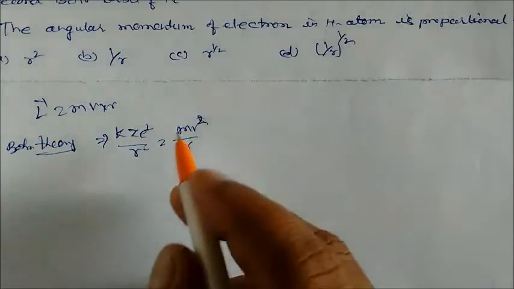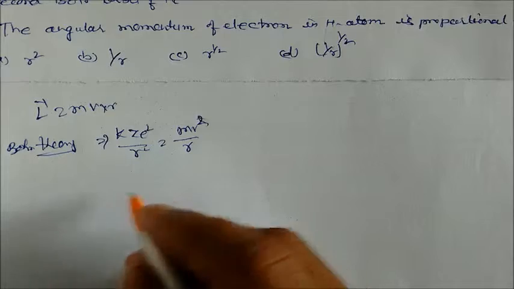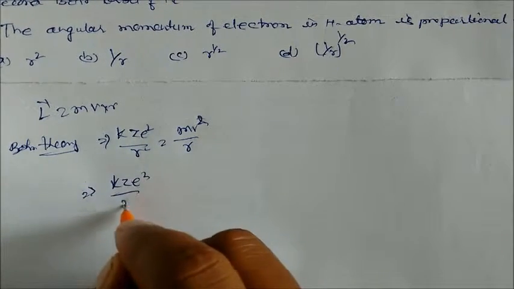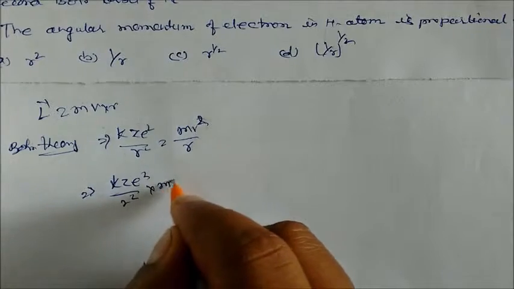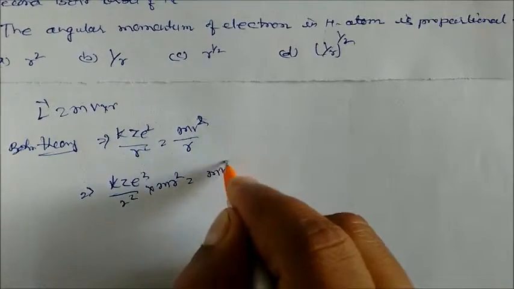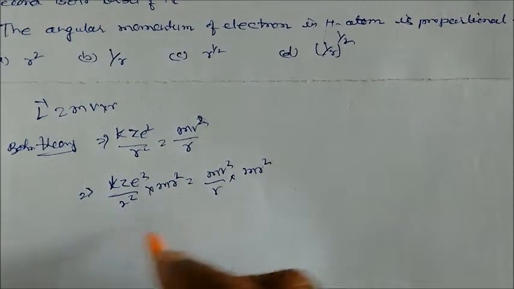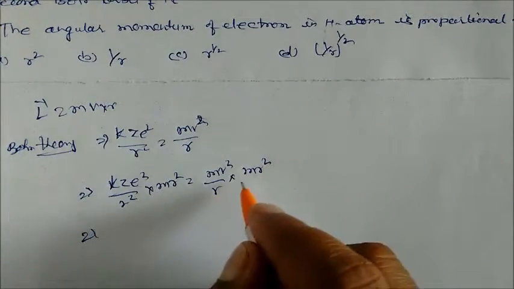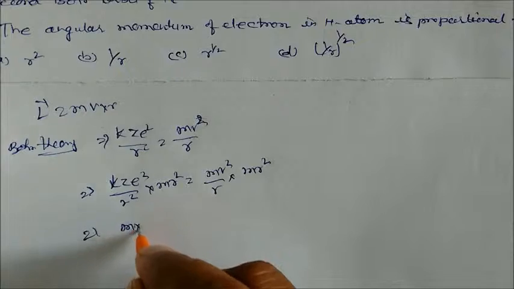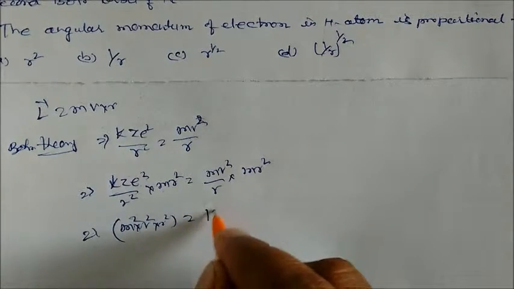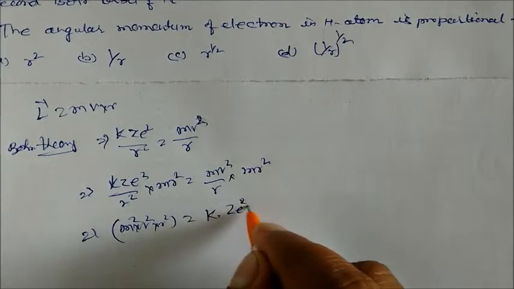So from here we can find k z e square by r square multiplied by m r square, and mv square by r multiplied by m r square. On multiplying we get m into v square into r square, and this equals k into z e square into m into r.